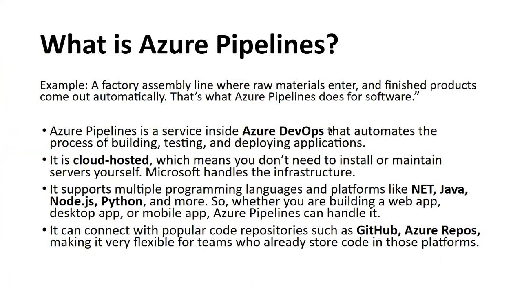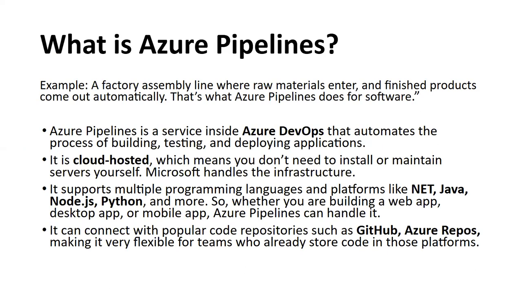So what is Azure Pipeline? For example, Azure Pipeline is like when you're in a factory, you put raw materials into a machine and it gives you the finished goods. So Azure Pipeline is like an assembly line of software. You put in your code, and then it automatically builds, tests and deploys your application. It is a cloud-hosted service, so Microsoft manages all the servers and infrastructure for you.